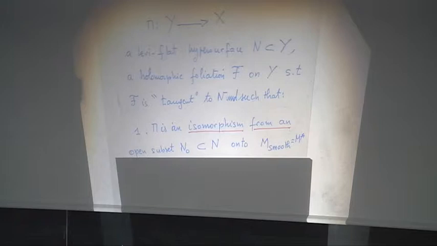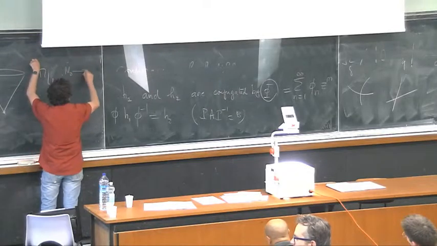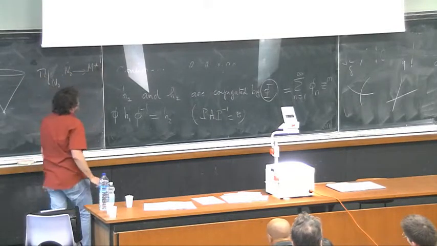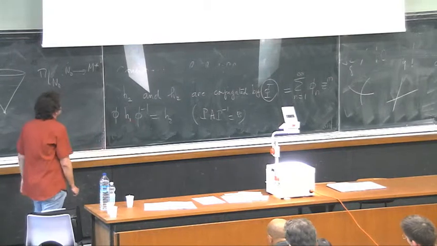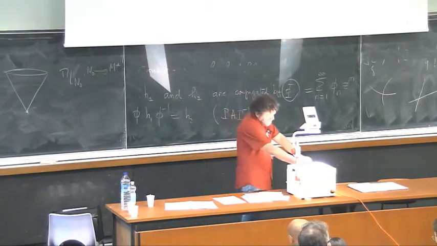The first property is that essentially P is an isomorphism on an open subset, the restriction of the isomorphism to the regular part of M is a surjective map, is dominant.